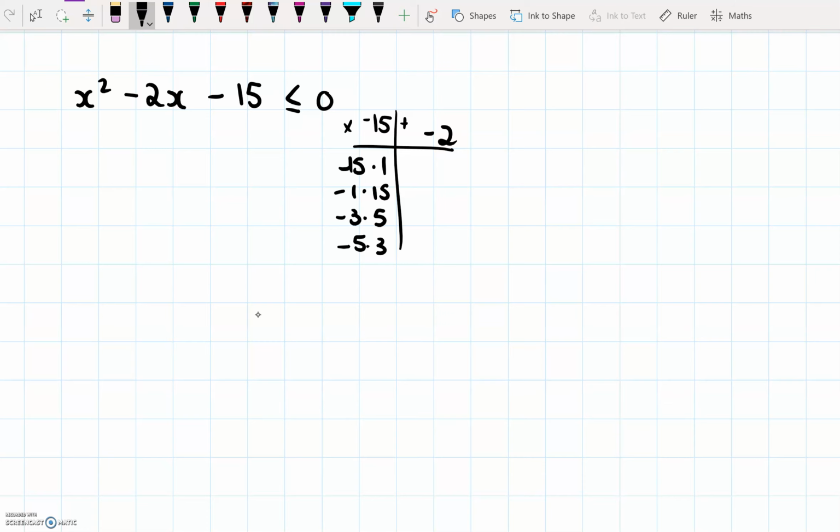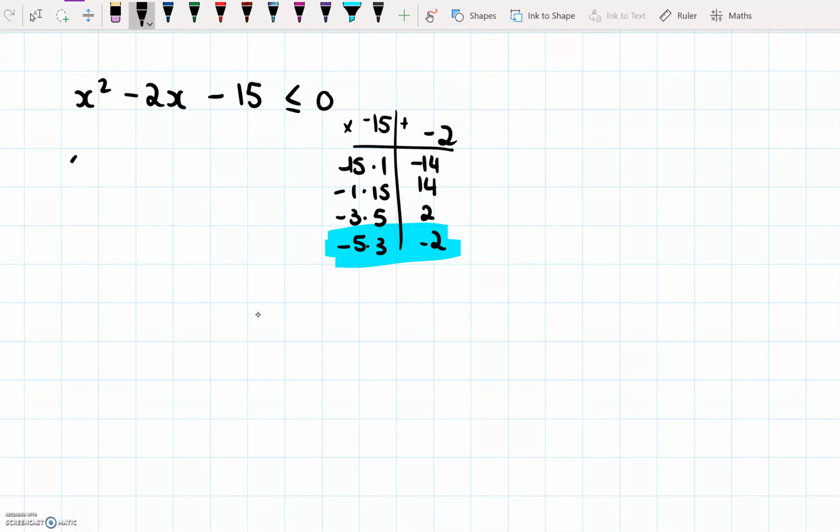If we add them together, the first one is going to be minus 14, then 14, then minus 3 plus 5 is 2, and then minus 2. In this situation, the last one is what we are looking at. This is the one that matches what we want.